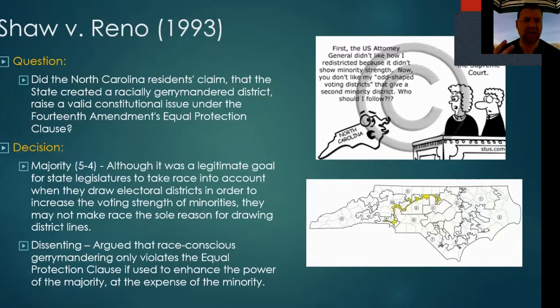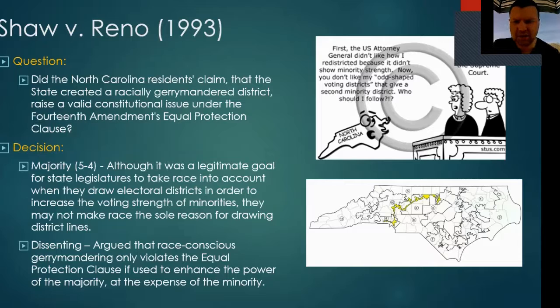A white voter challenged this, claiming that because the district was drawn solely on the issue of race, it was unconstitutional. And the court did agree, even though they said that you could take race into account when drawing districts. It should not be the only reason you look at a voter's race when deciding which voters should go in which districts.